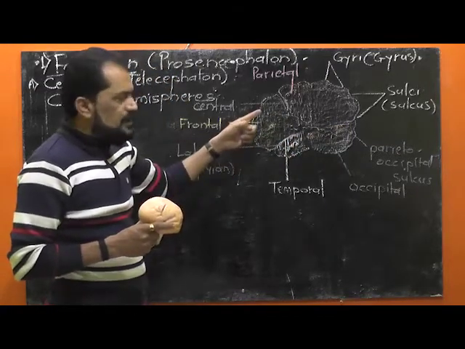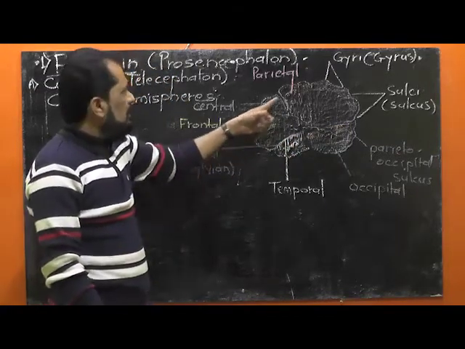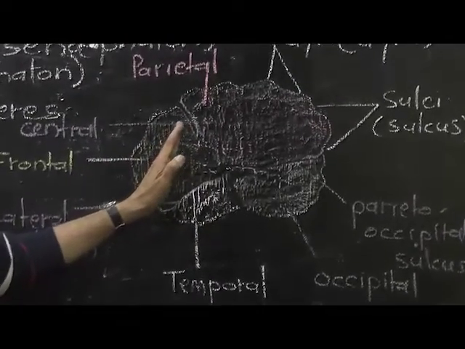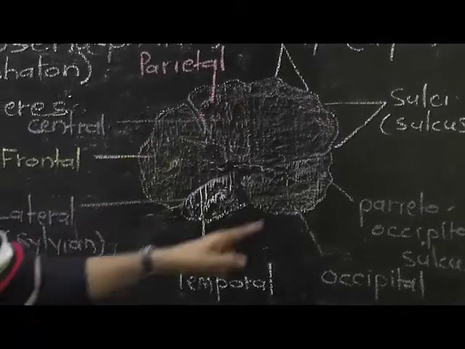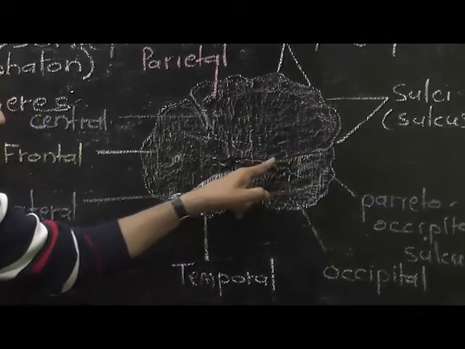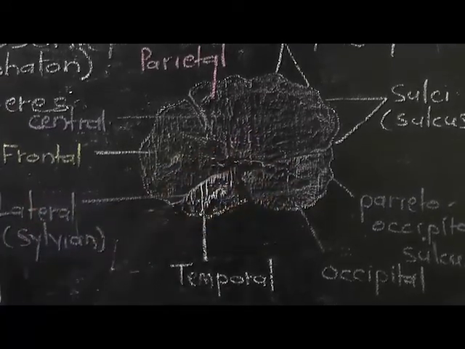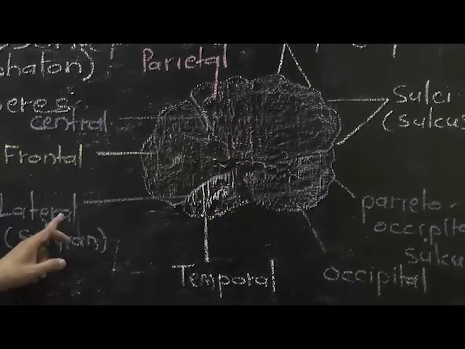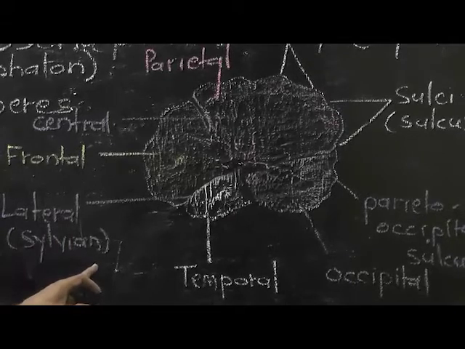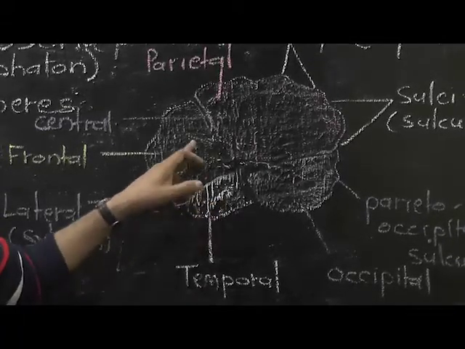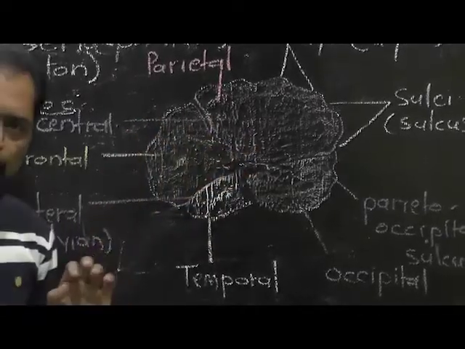Am I right? Once again look at the diagram. Here the central sulcus demarcates the frontal lobe and parietal lobe. The parieto-occipital sulcus separates the parietal lobe and occipital lobe, while the lateral sulcus or Sylvian sulcus separates the temporal lobe from the frontal and parietal lobe.